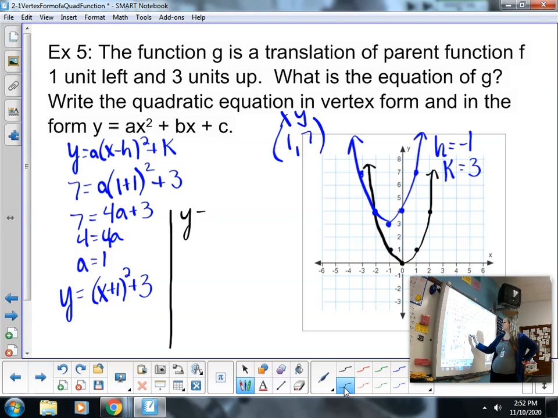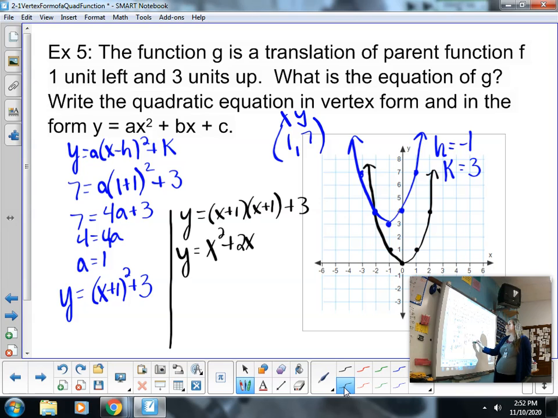So for standard form, I have y equals x plus 1 times x plus 1, and then plus 3. So x times x is x squared, and notice I'm getting rid of the parentheses. Since my a was 1, I have nothing outside of it. I have x squared plus 1x plus 1x, so it's going to be plus 2x, and then 1 times 1 is 1.